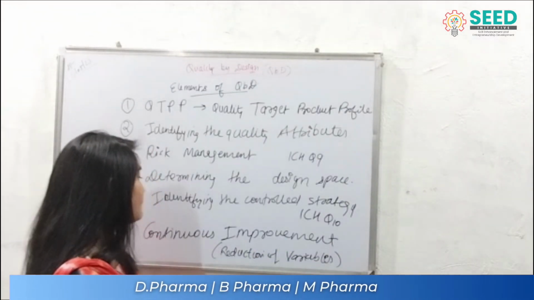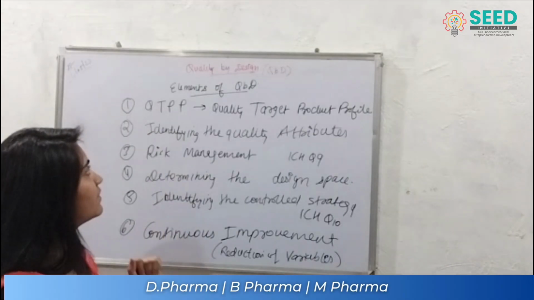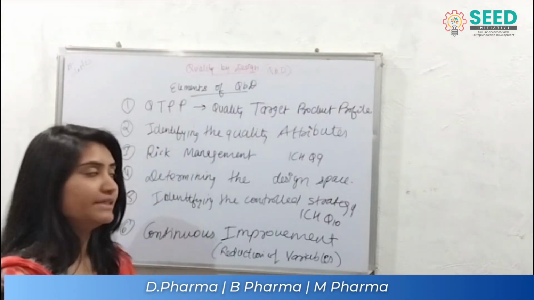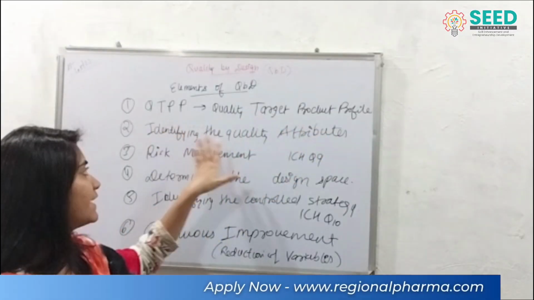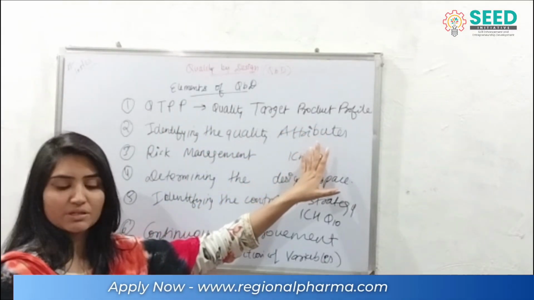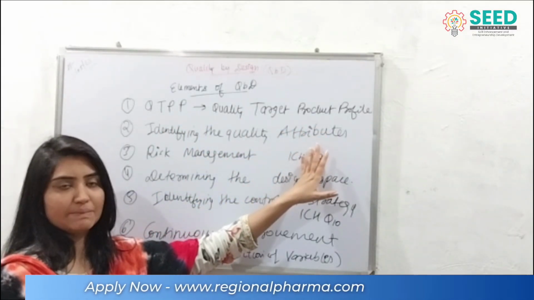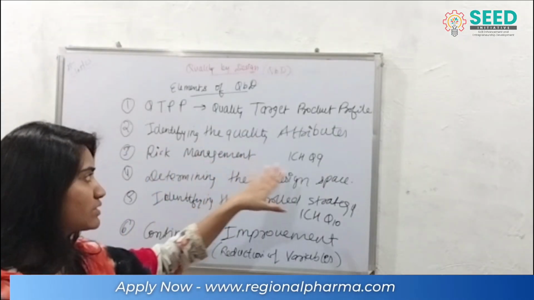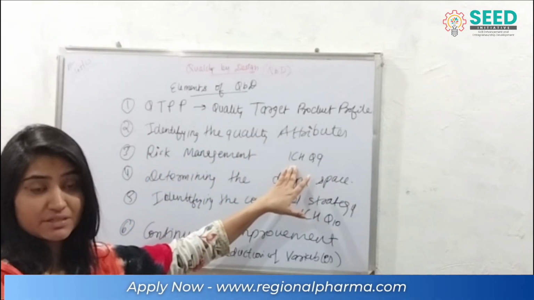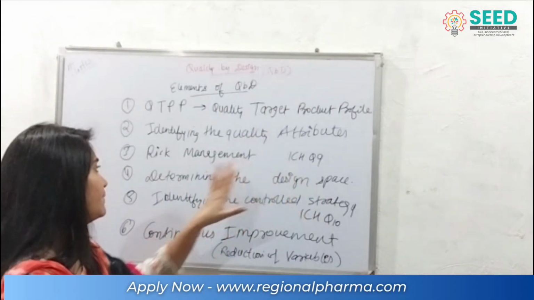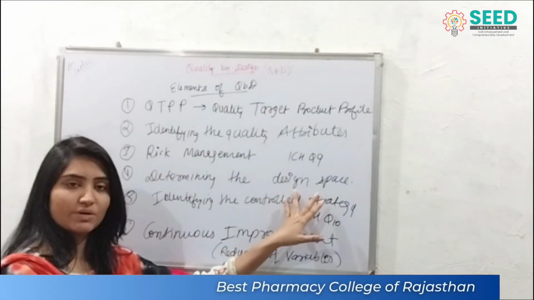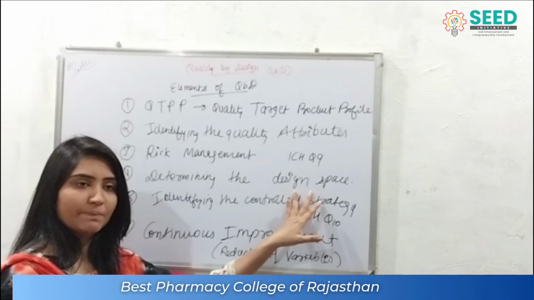So that is all about the elements of QbD. What are those? QTPP, quality target product profile. Then identify the quality attributes; we have discussed CMA, CQAs, CPP. Risk management talks about ICH Q9. What are the risks? We have discussed FMEA, HACCP, FTA, all that. Then determining the design space: design space specifications vary, but the product has to be the same.